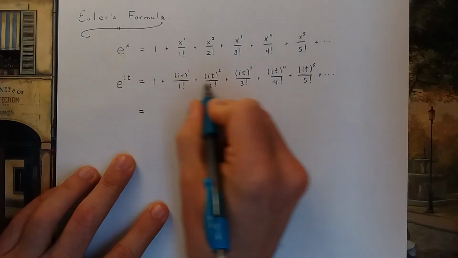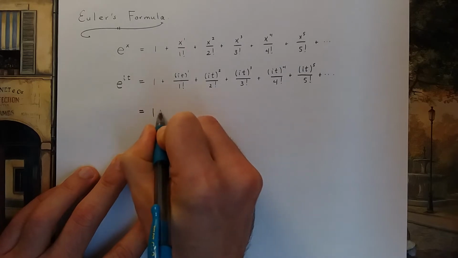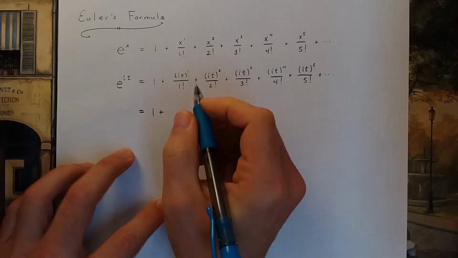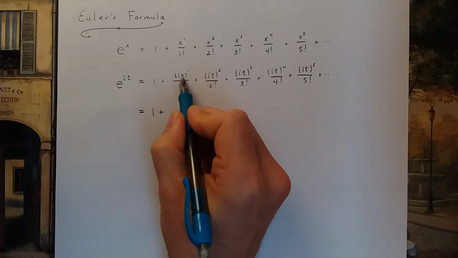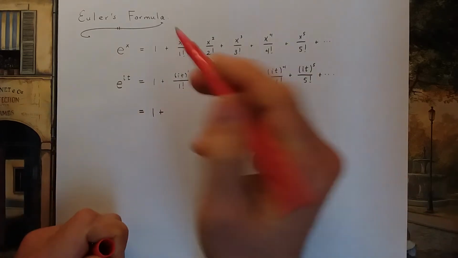So I'm going to simplify this a little bit. I'm going to start with 1. And then I'm going to write every term that has the complex number i in it in red.